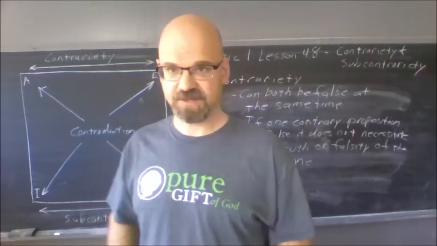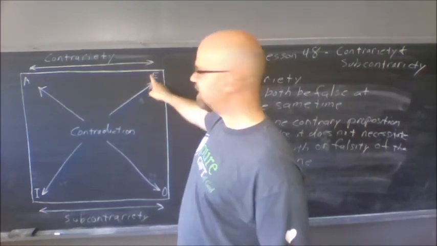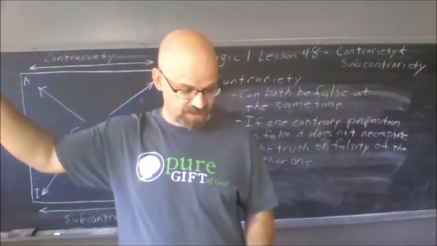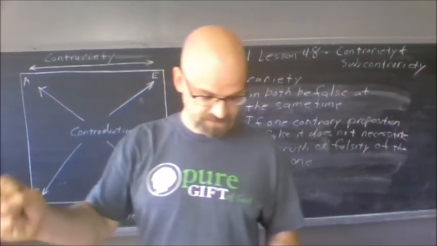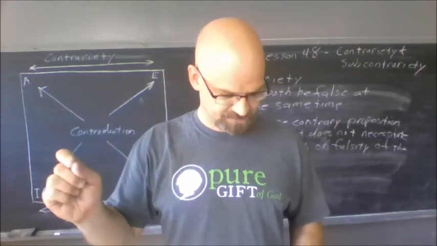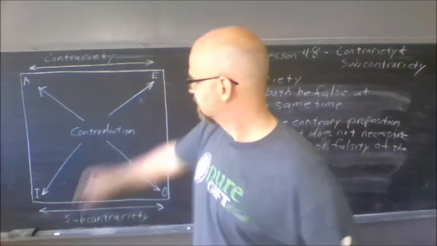No S is P. So there we have A and E. So what kind of relationship does this have? What kind of propositions are these? These are contrary propositions, right?